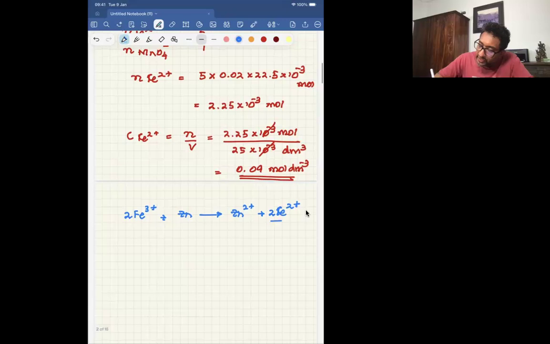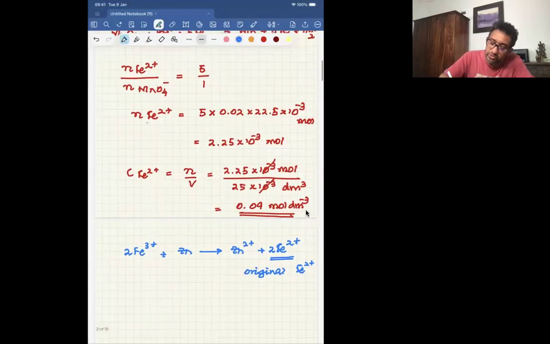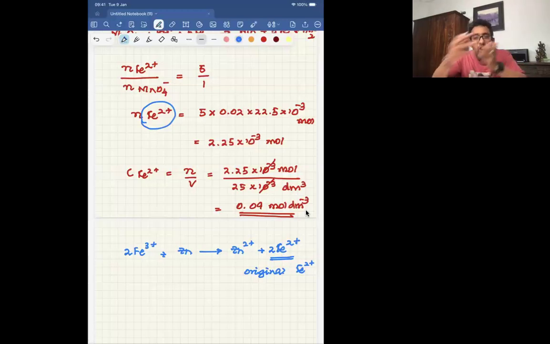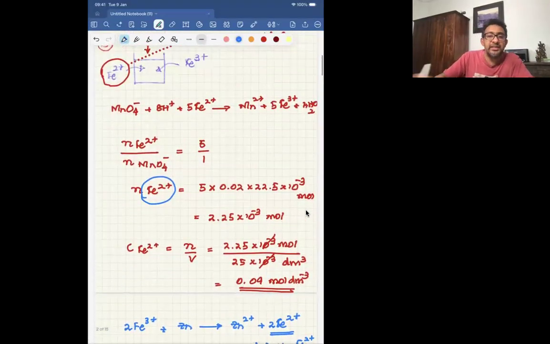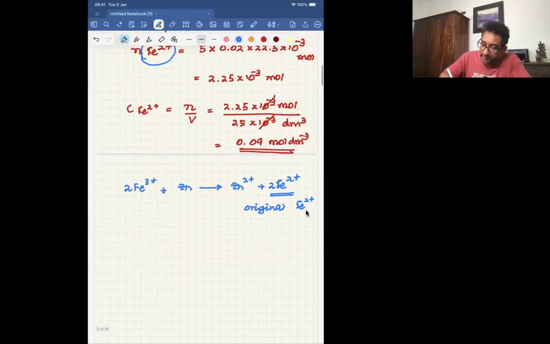So you have Fe plus 2 here, and the original Fe plus 2 is also there. Original Fe plus 2 means this Fe plus 2, and the Fe plus 2 that was formed due to Fe plus 3. So everything now reacts with potassium permanganate. Again with the same reaction. Stoichiometry is the same. So number of moles of Fe plus 2 divided by number of moles of permanganate.